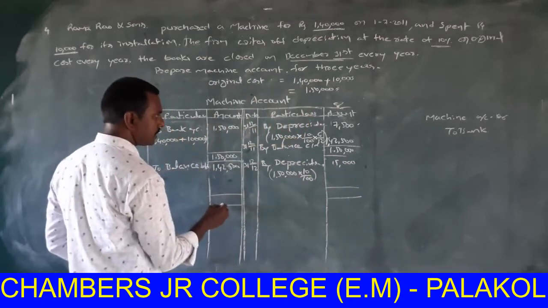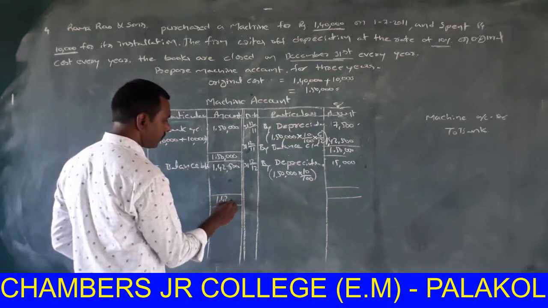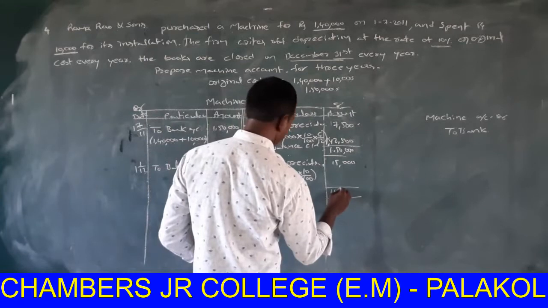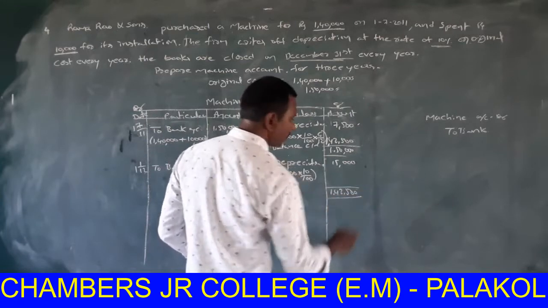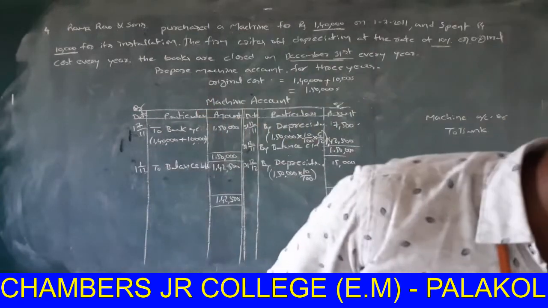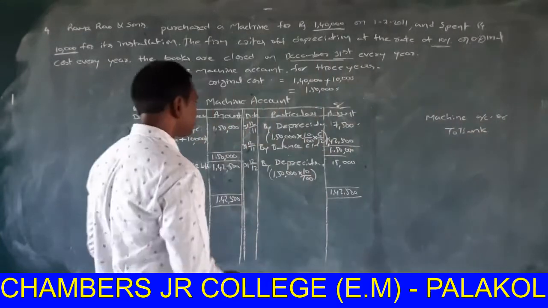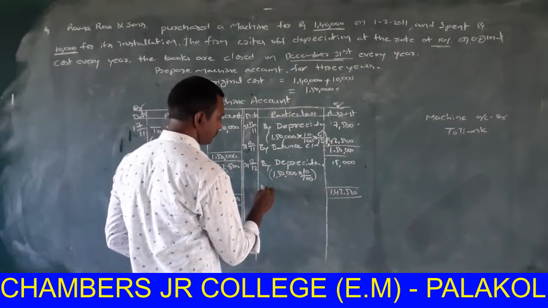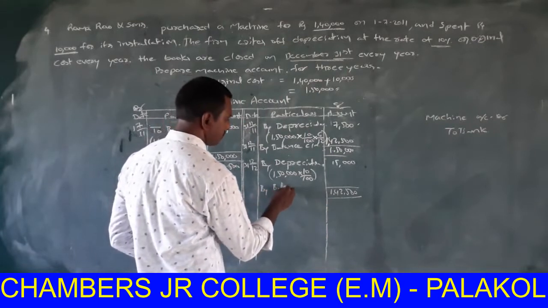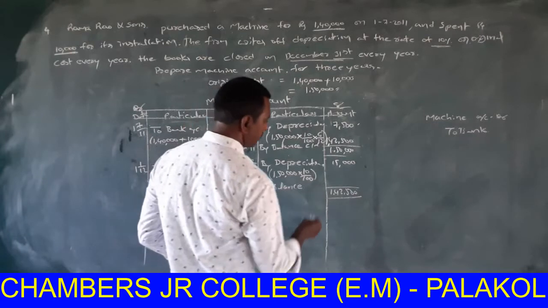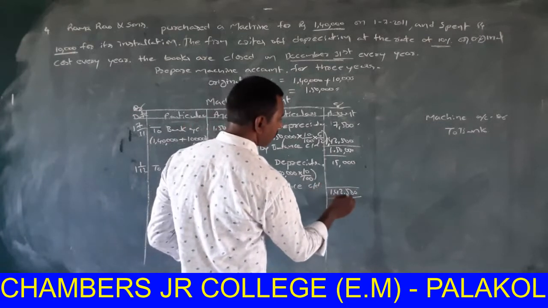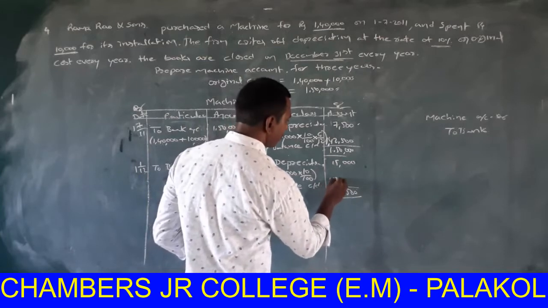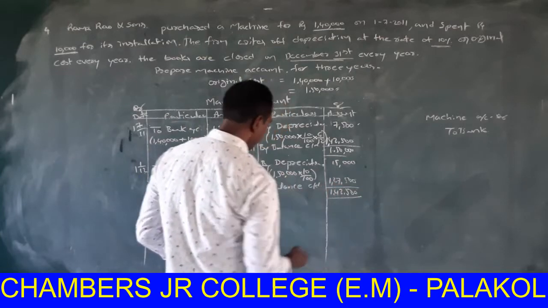Now take the total on the debit side, 1,42,500. Here also total 1,42,500. By balance carried down: 1,42,500 minus 15,000 is 1,27,500.